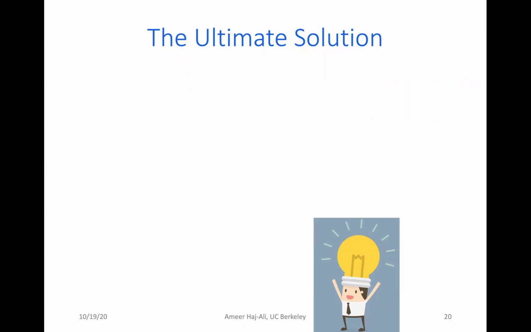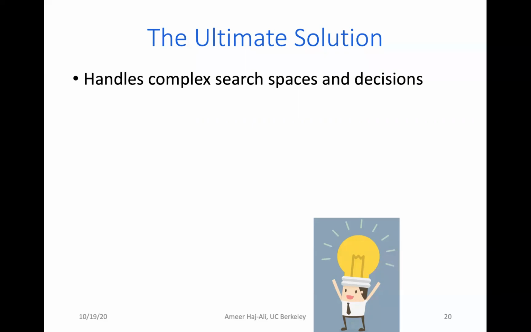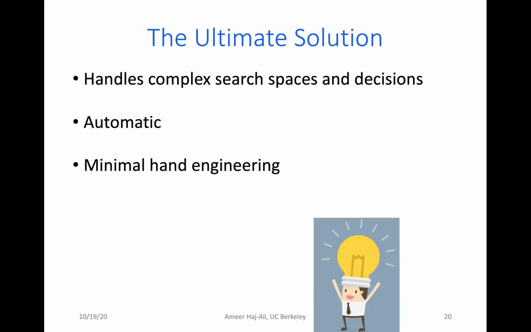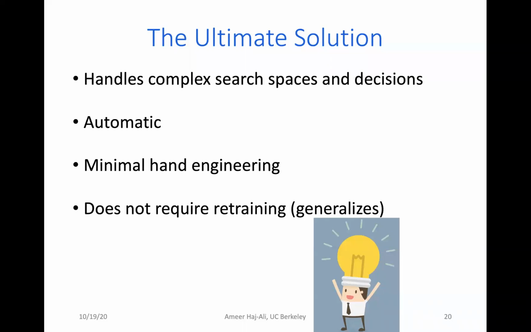So the ultimate solution is we want to be able to handle complex search spaces and decisions, and, you know, want it to be automatic with minimal hand engineering. We don't want it to require retraining. We want it to be able to basically generalize to new applications and new hardware. We want it to be feedback or experience driven.